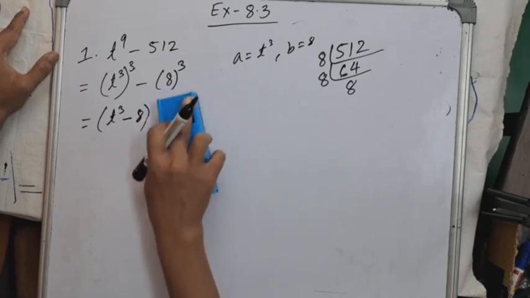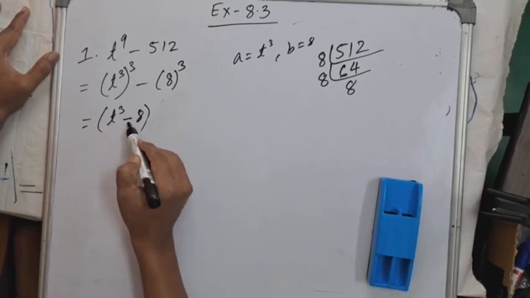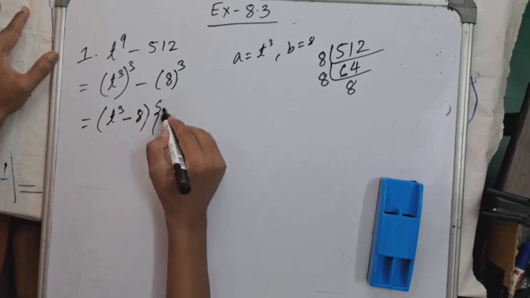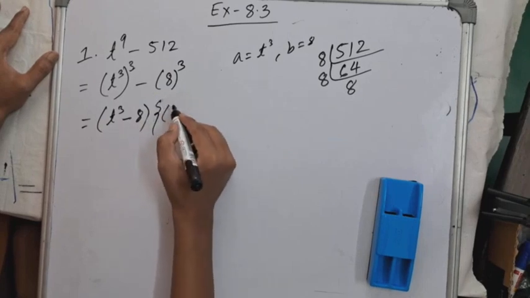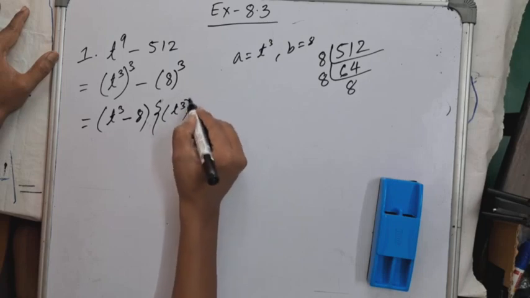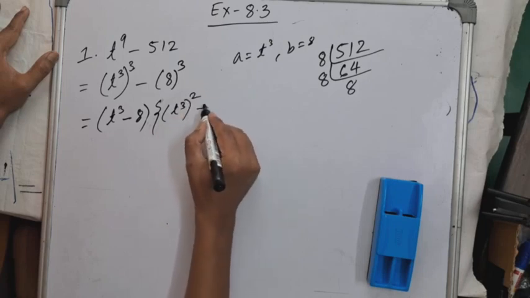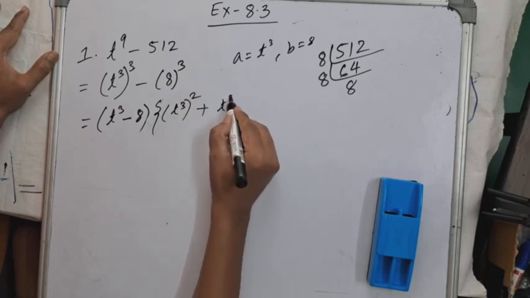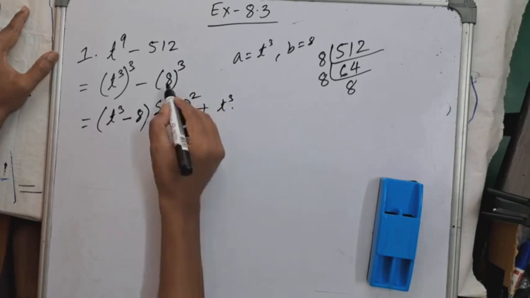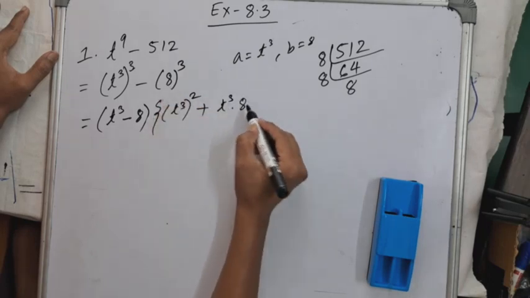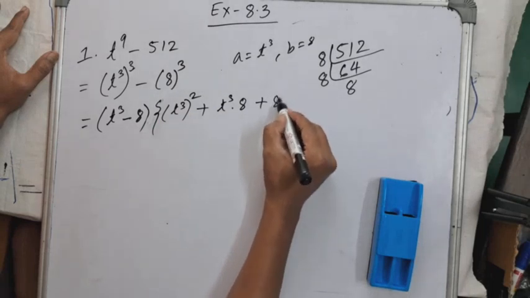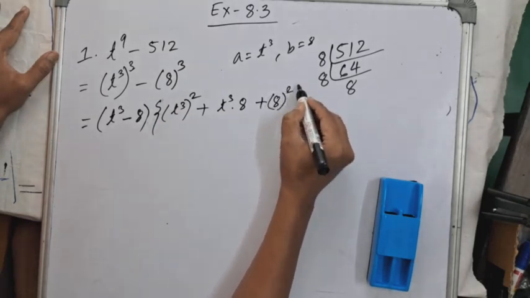Let me use a curly bracket. So a minus b into a square, that is t cube whole square, plus ab, t cube into 8, plus b square, that is 8 square.